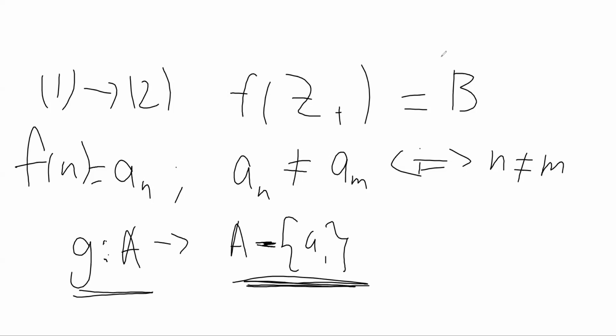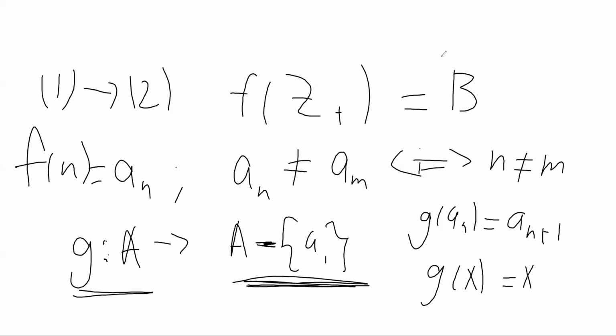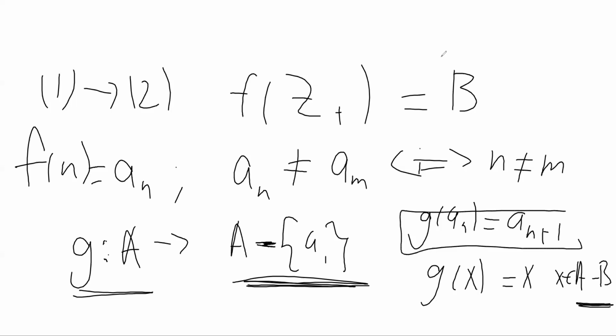So g(a_n) is equal to a_(n+1), and g(x) is equal to x for x which are not in the set B. Because A may be bigger than B, we have to define g on all of A. So the first definition works for the part in set B, and the second works for all the rest of A. Okay, great. So what does this function, which is kind of weird, give us?